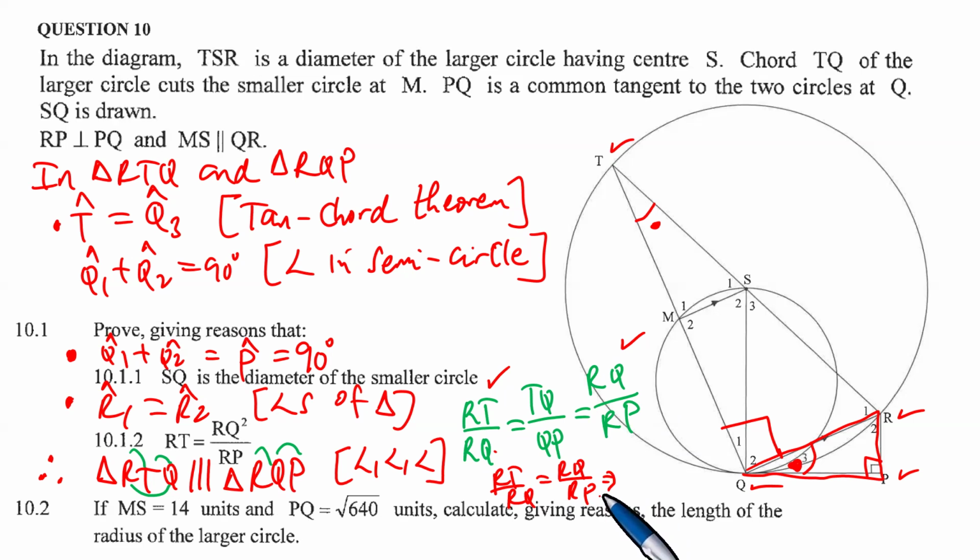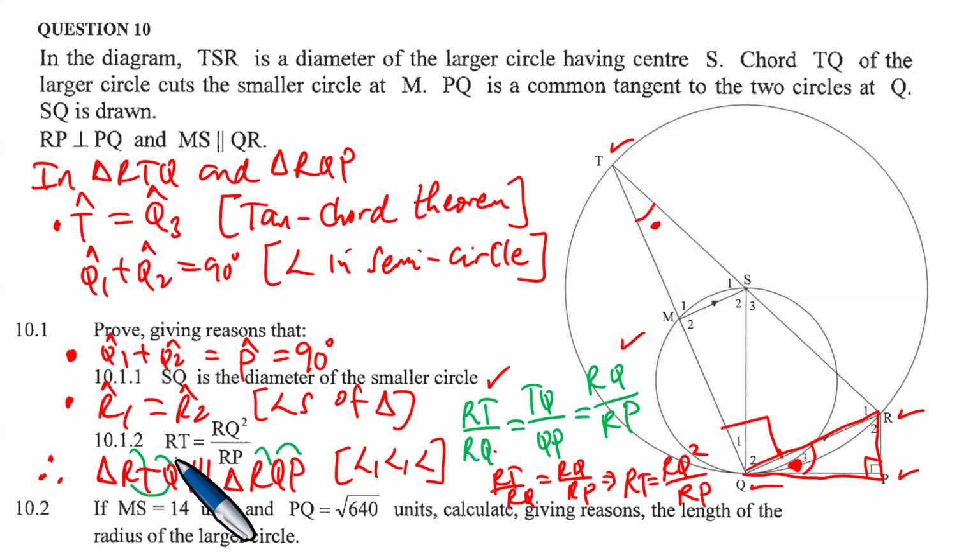If you cross multiply, RQ times RQ is RQ squared. So it means you have RT is equal to RQ squared over RP, like this. So yeah, that is the proof to 10.1.2.